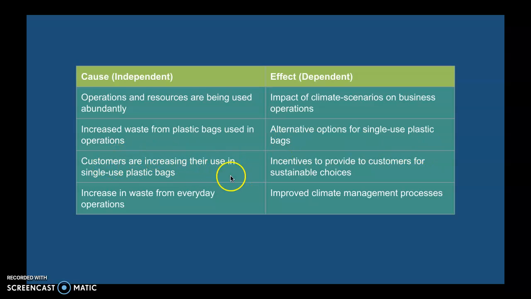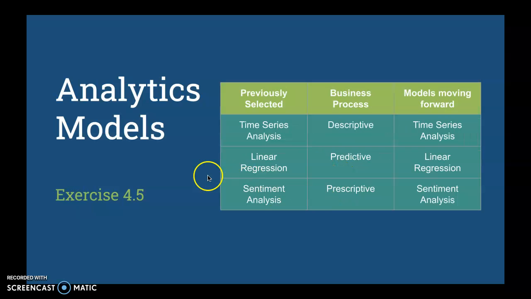Customers are increasing their use of single-use plastic bags, and incentives to provide customers for sustainable choices. And the last cause is an increase in waste from everyday operations, and the effect of this is going to improve climate management processes.